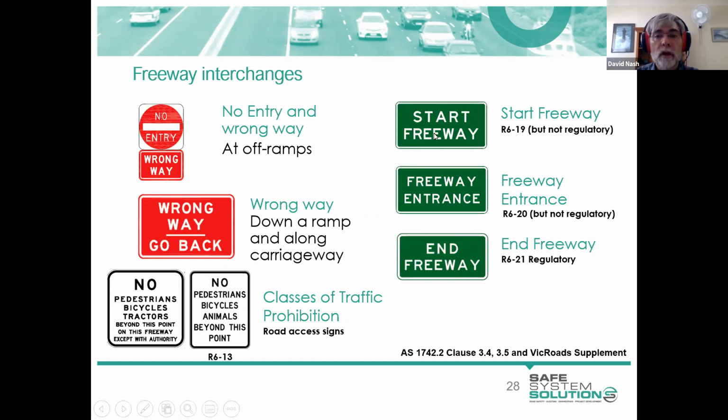There are also these signs, start freeway, freeway entrance, and end freeway, of which the first two are actually not regulatory anymore. They used to be, and they used to be in the road rules to invoke this rule that says pedestrians and bicycles and whatever else was written into the road rules as default were not allowed on the freeway past this point.